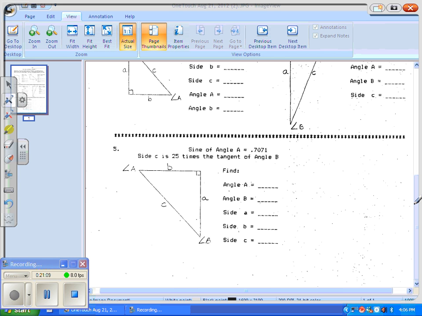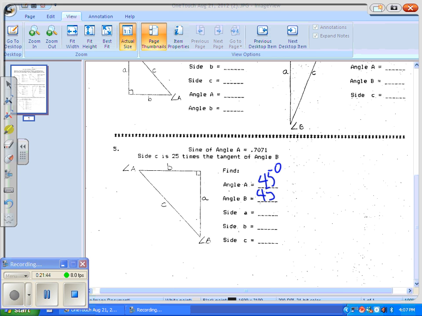So if you go second function sine 0.7071, you'll actually come out to 44.999999 degrees. We'll call it 45 just for the fun of it. Okay? Now, let's say that angle A is 45 degrees. Angle B is 45 degrees. Now we know that the sine of angle A is 0.707.